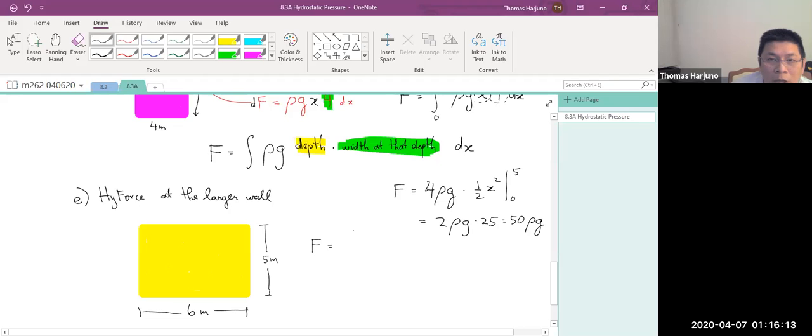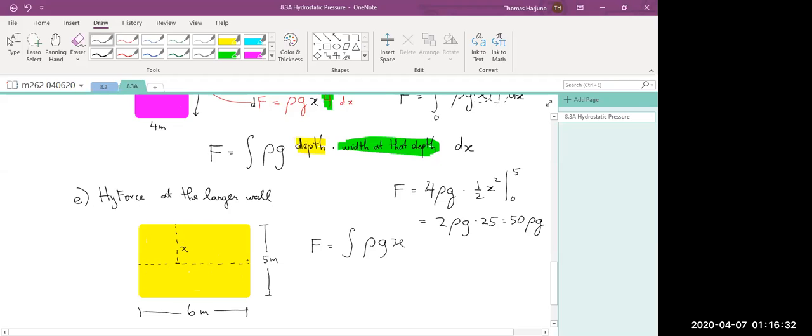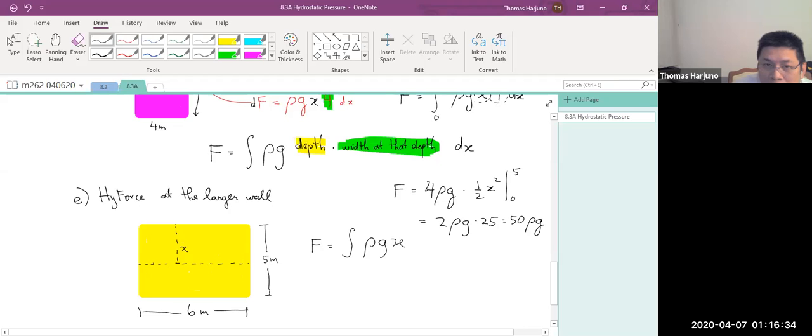And that will be the integral of rho g times, let's say the depth is x. What is the width at that depth? 6, that's right. dx.